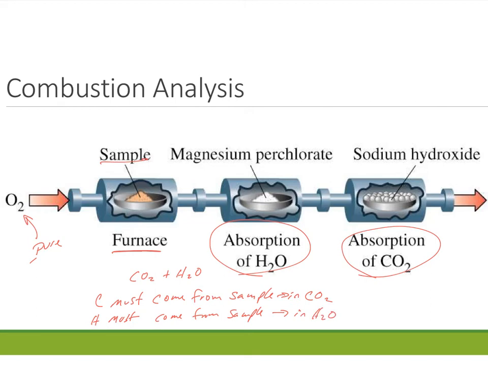So using this data, we can determine the amount of carbon present and the amount of hydrogen present, and we can use that data to actually reconstruct the empirical formula of our original sample. This is best illustrated using a problem.